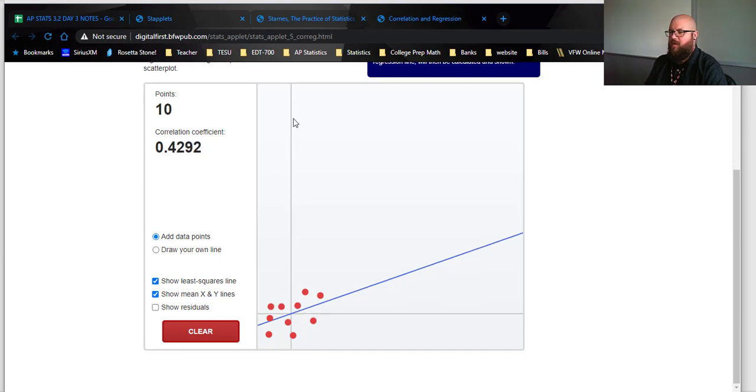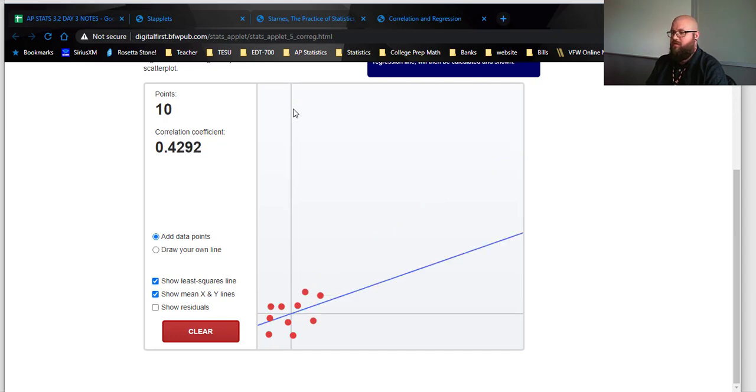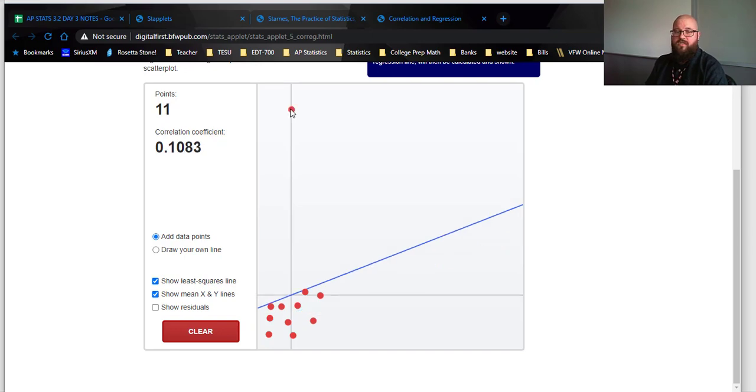Now let's put one way above. Well, there we go. The slope should stay the same. Our y-intercept increased though, it elevated that y-intercept, and the correlation decreased as well.